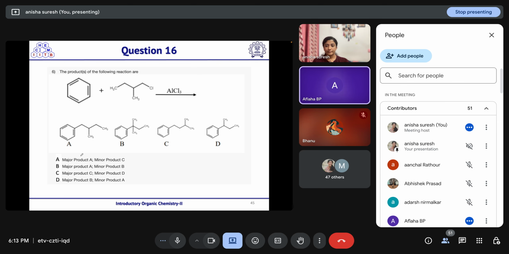Option A. Major product is A, minor product is C. No.